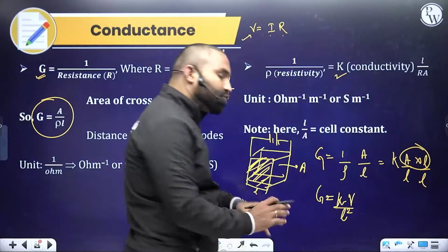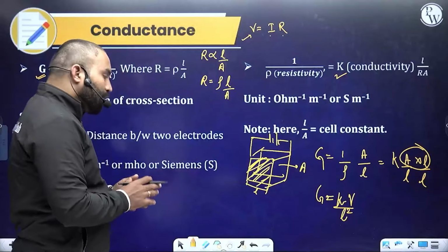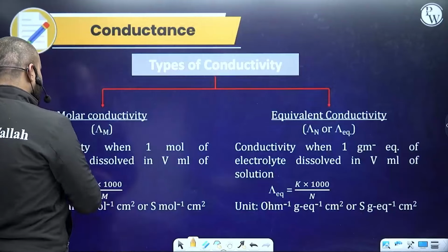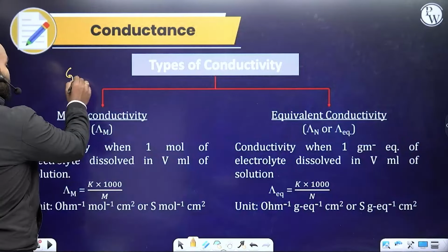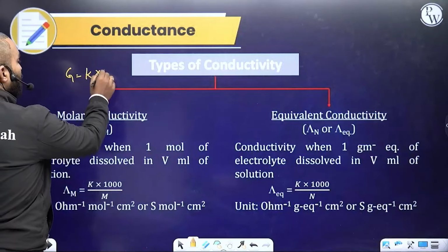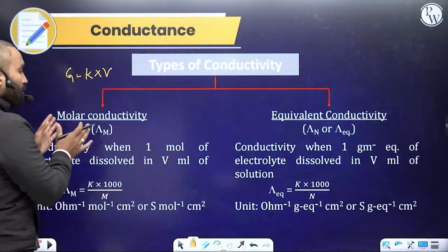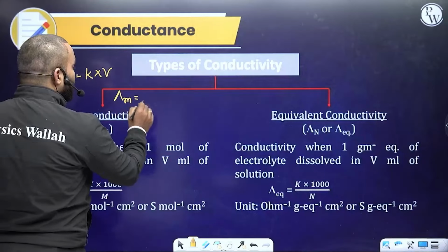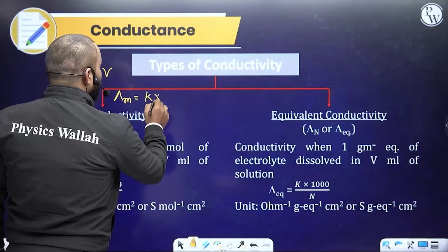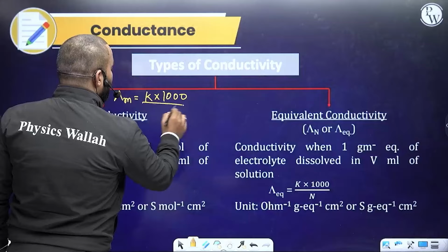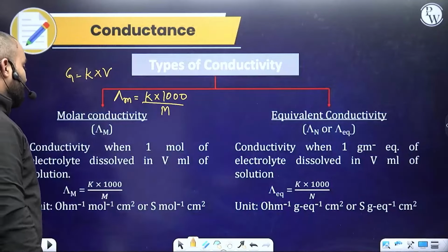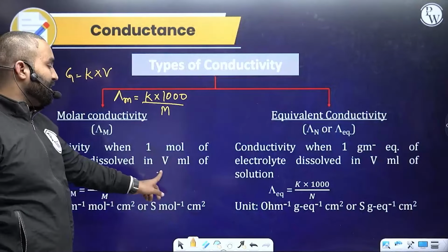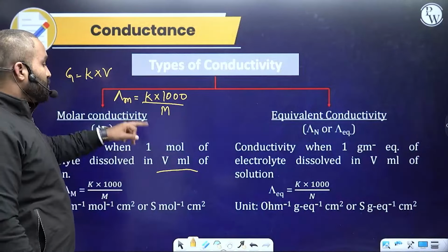Now we need to change something in this formula to get the conduction values. What are the two conduction values? One is called molar conductivity. New symbol is used. Molar conductivity is equal to kappa into 1000 divided by capital M, where capital M is the molarity, the conductivity of 1 mole of the substance dissolved in V mL. Remember, V mL of the solution.